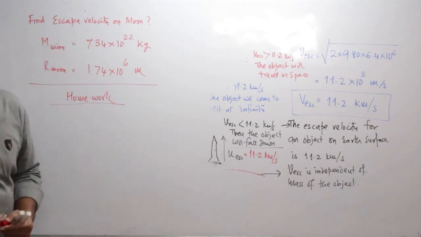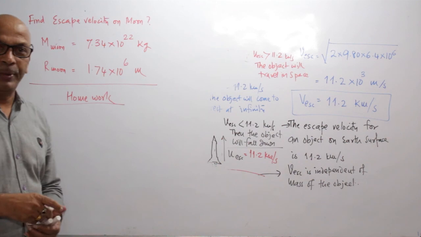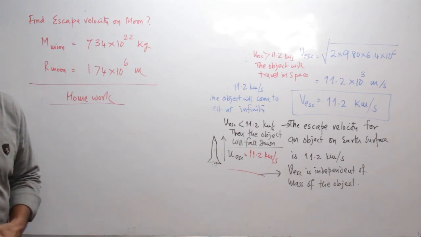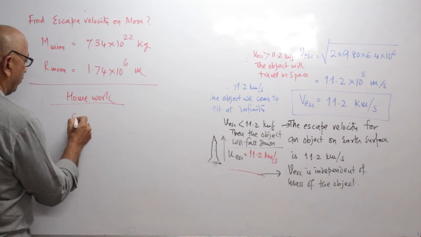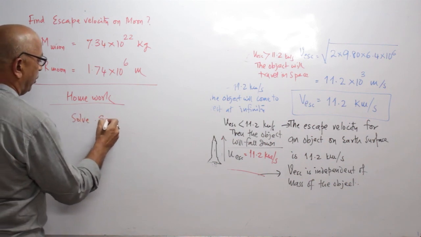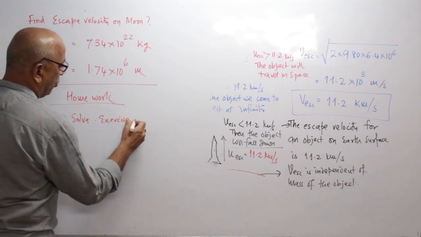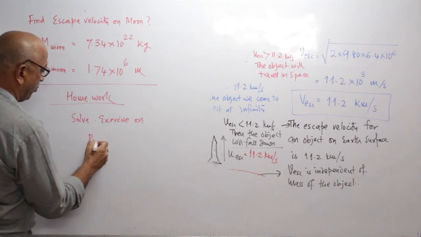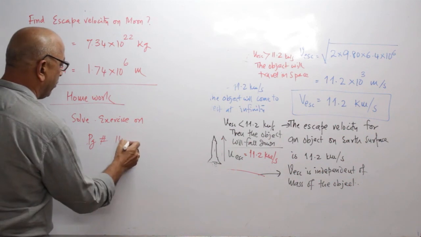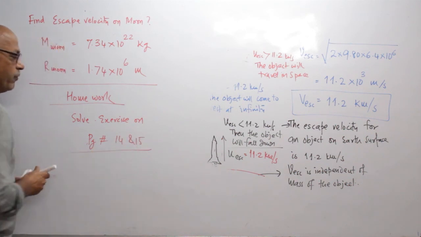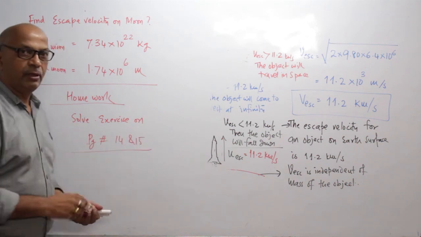At the same time, there is an exercise at the end of the topic gravitation on page number 14. Solve the exercise on page number 14 and 15. So that is the end of gravitation.